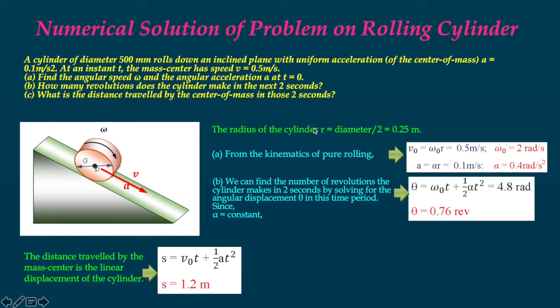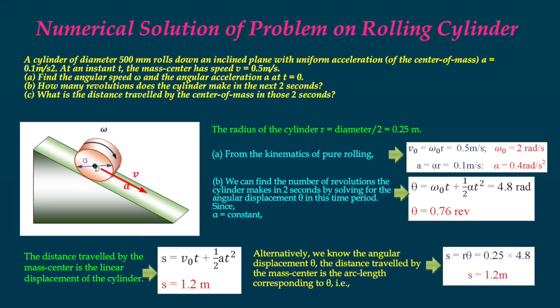Our next part is to find out the total distance. We know total distance S equals V0 t plus half a t square. Simply substitute these values: V0, t means 2 seconds, and the acceleration we have calculated, and we get the distance travelled as 1.2 meters.